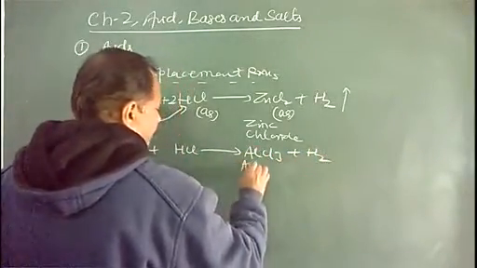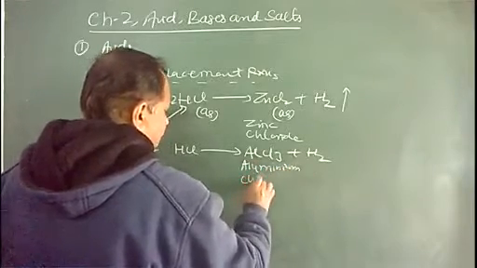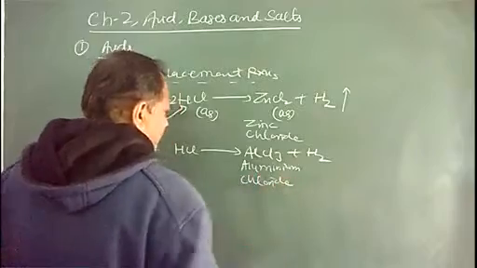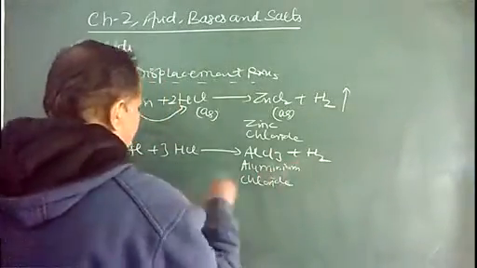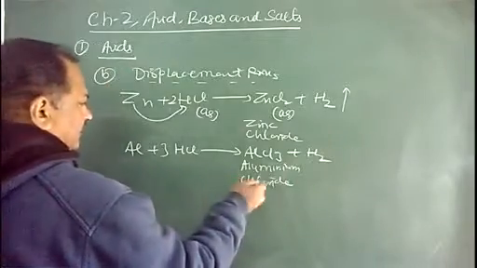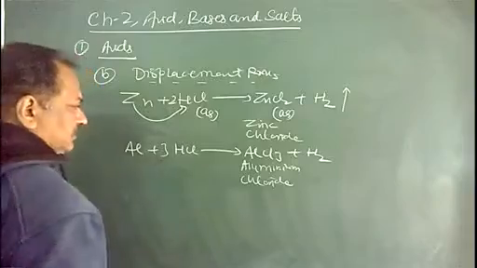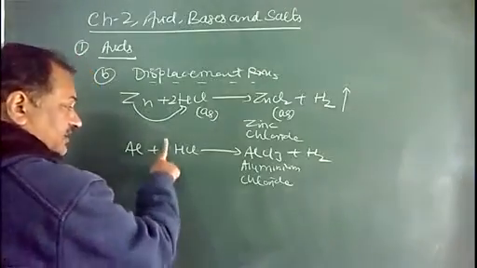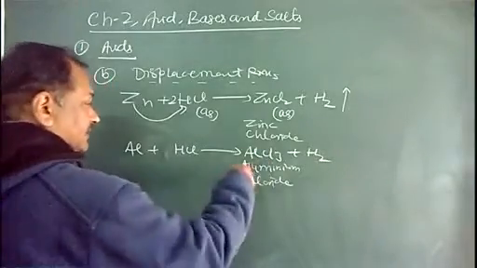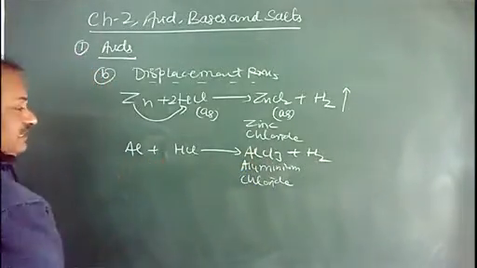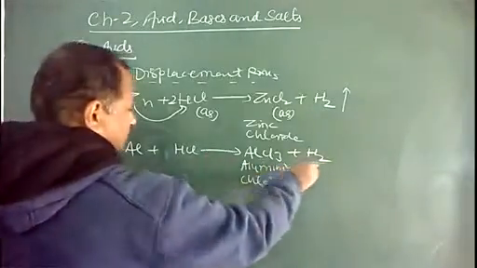This is aluminium chloride. And so here you have to balance it. Here hydrogen 2, here hydrogen 3. So 3 is not the coefficient. In such conditions the balancing is very much important.